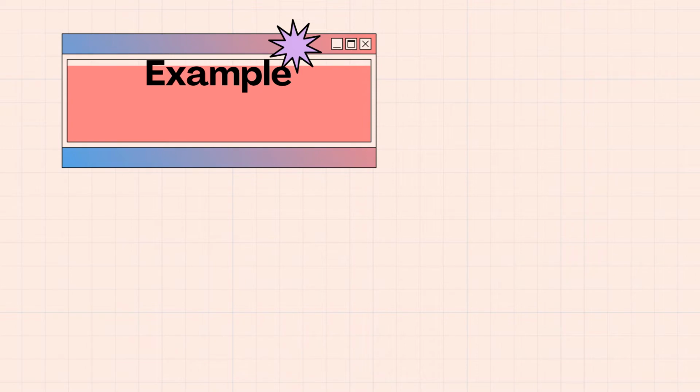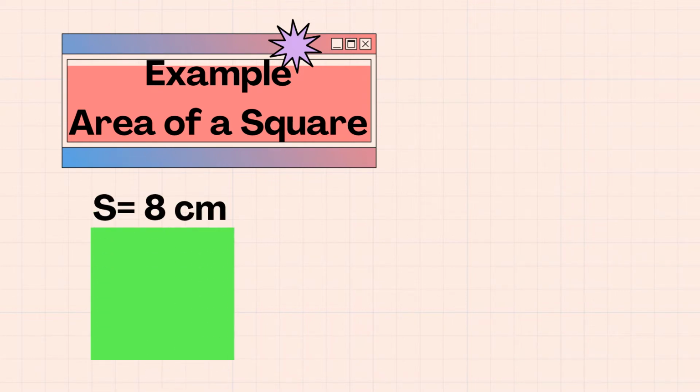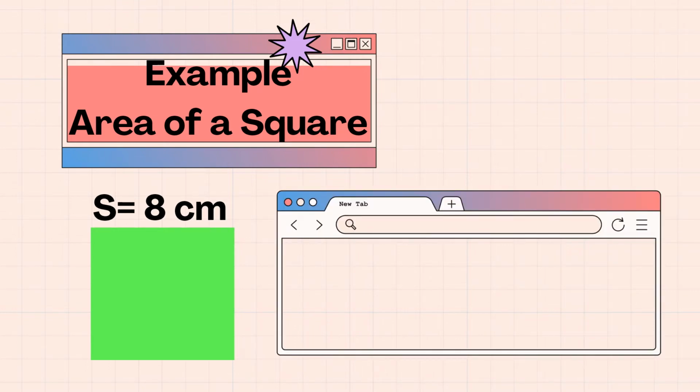We have here some examples. Let's first find the area of a square. Supposing that one side of this square is equal to 8 centimeters, what do you think is the area of the square? To solve for this, we're going to use the formula first, side times side.